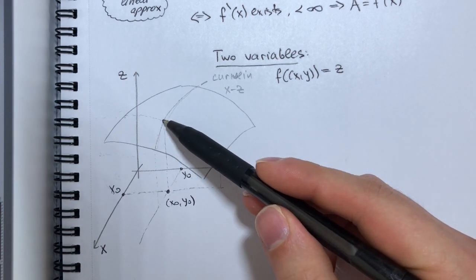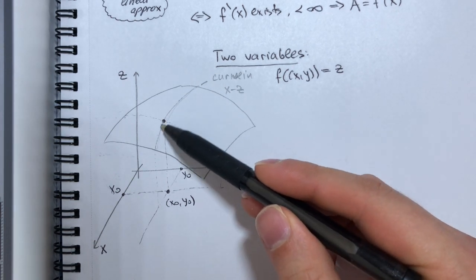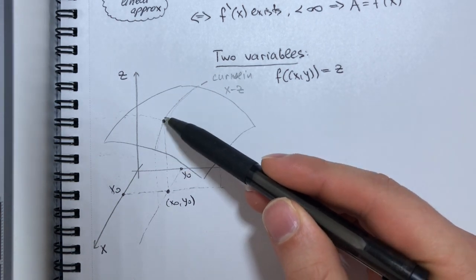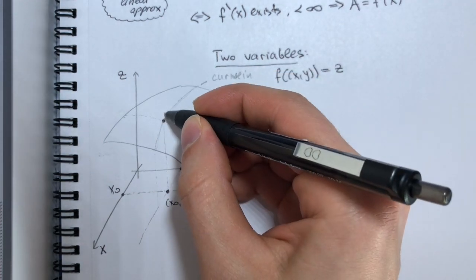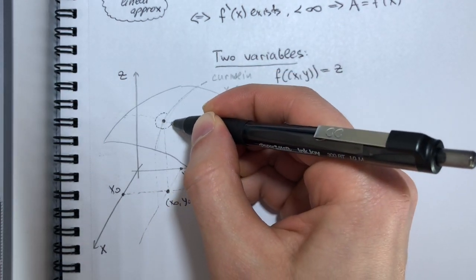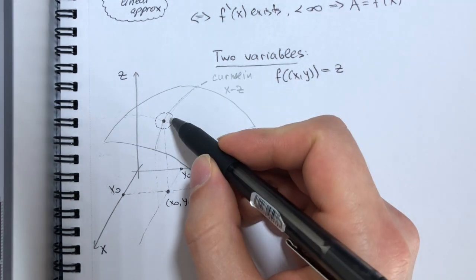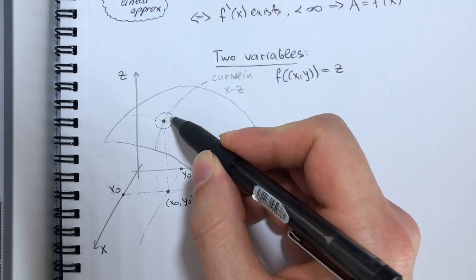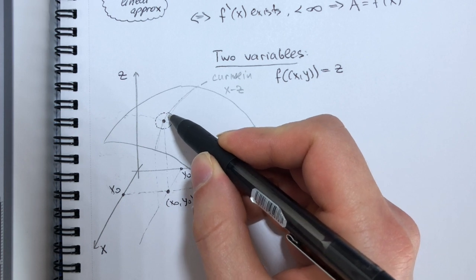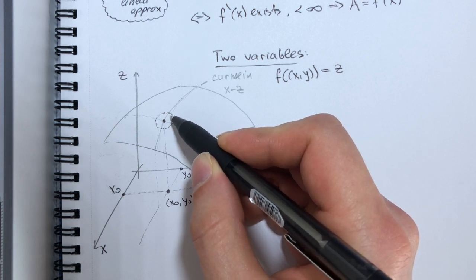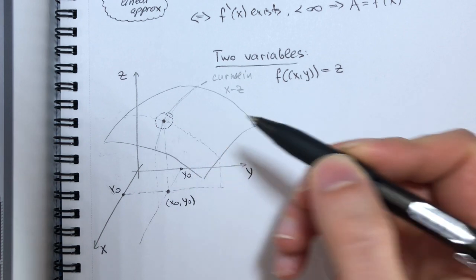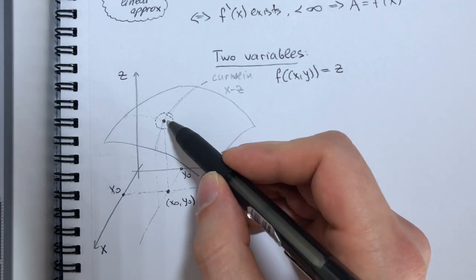So now, instead of having a neighborhood defined just along a curve, we have a neighborhood defined around the point. But of course, if we pick a point in the neighborhood, we will be able to understand it by how its projections onto x and y axes change.